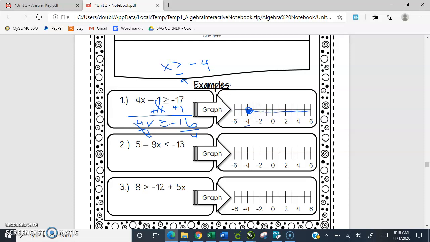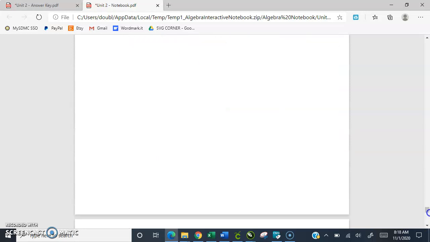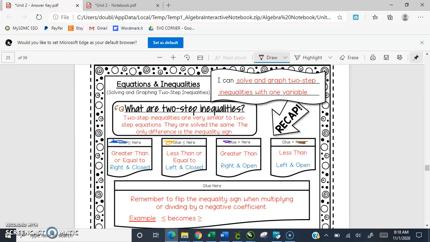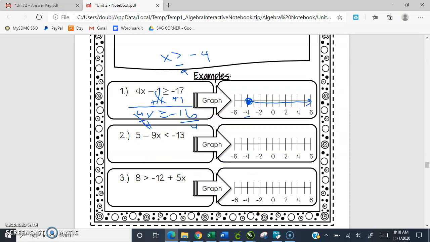And we go all the way to the right. And I know it goes to the right because I can go back to my greater than or equal to sign, and it says closed circle, go to the right. Okay, if I'm going too fast, make sure you pause the video.